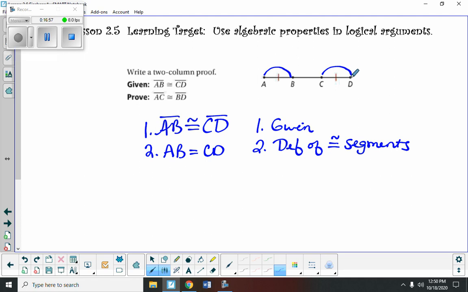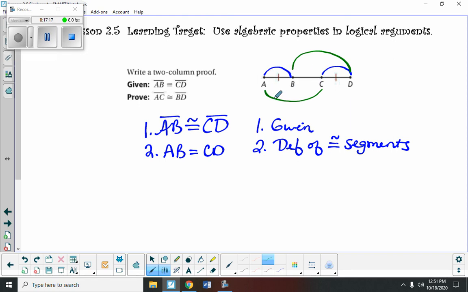Let's look now, where are we trying to go with this? We are trying to prove that the length of AC is equal to the length of BD. So AC, notice, would be AB plus BC.